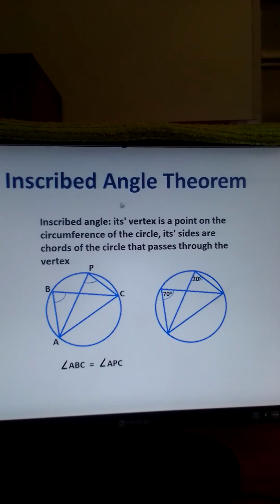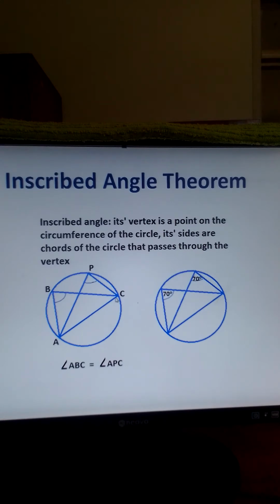Next is the inscribed angle theorem. An inscribed angle has its vertex on a point on the circumference, like this angle ABC.